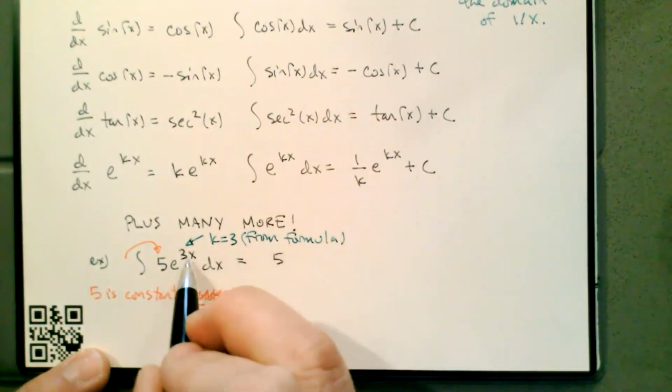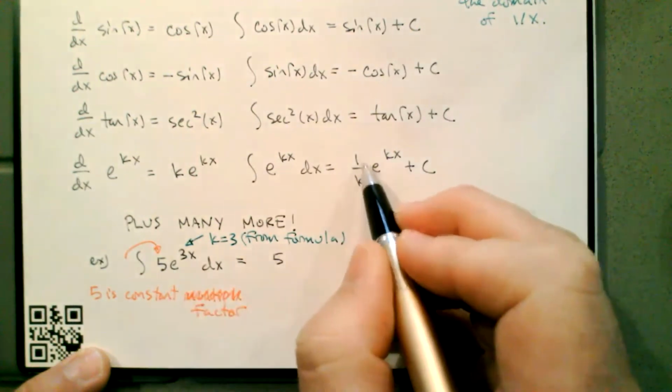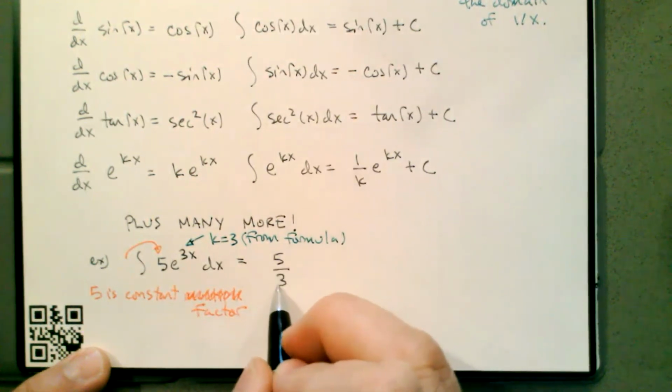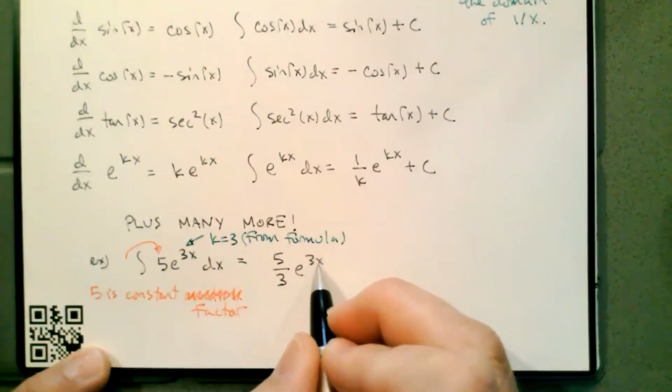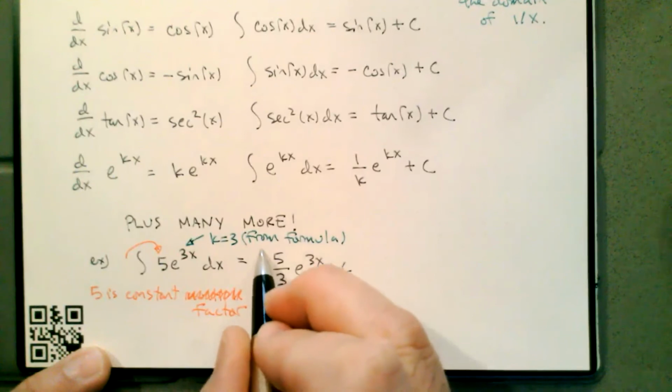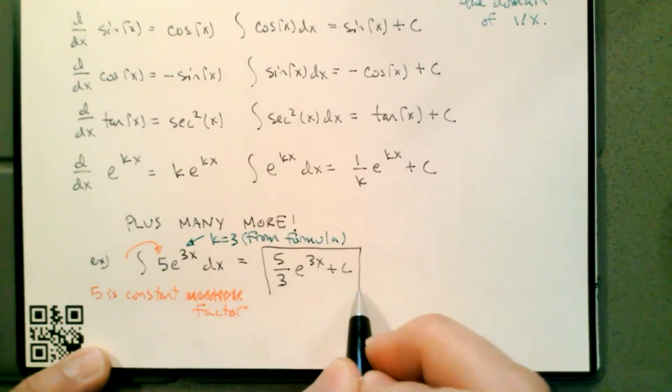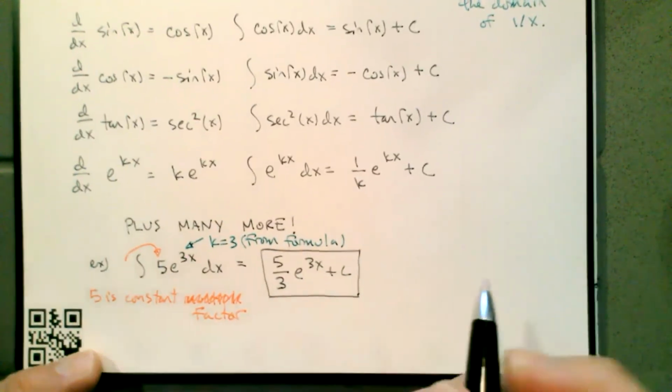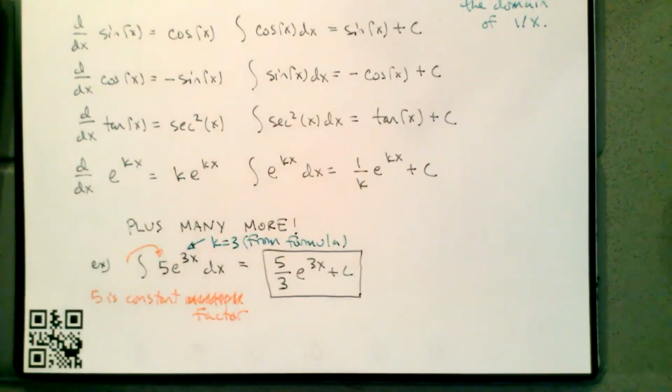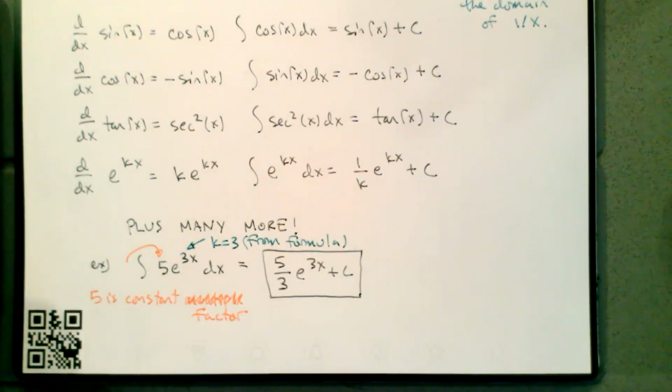The integral of e to the 3x is 1 over 3 e to the 3x plus c. So we're saying that 5/3 e to the 3x plus c is the general antiderivative of 5e to the 3x. If we want to check, we take the derivative of our answer.